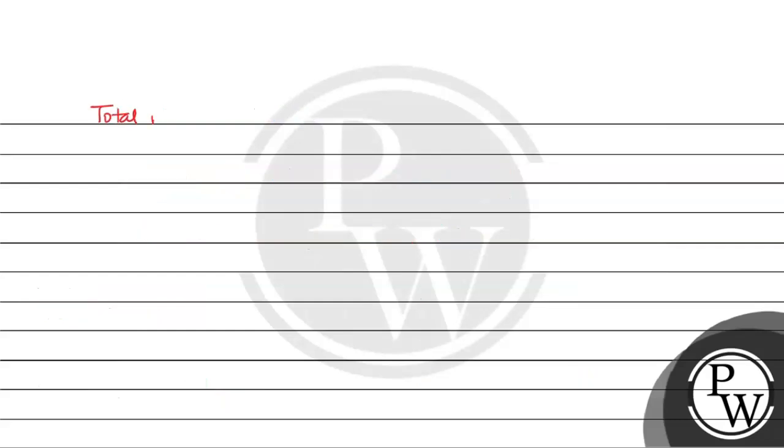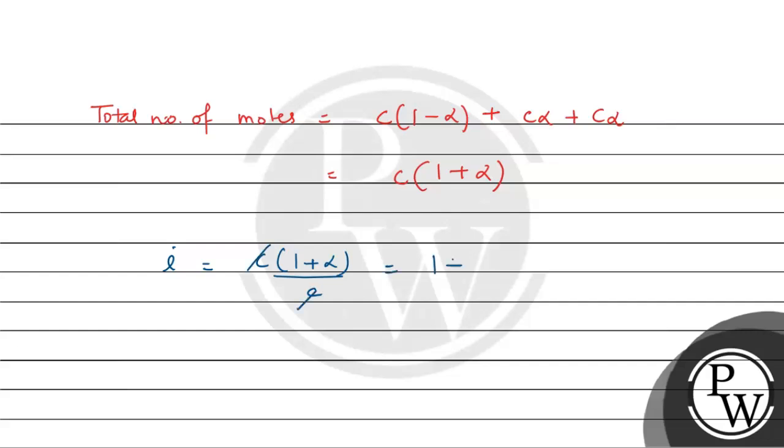So the total number of moles becomes C into 1 minus alpha plus C alpha plus C alpha. If we total it, we get C into 1 plus alpha. So i, the Van 't Hoff factor, will be equal to C into 1 plus alpha upon C, which becomes, C cancels out, 1 plus alpha.